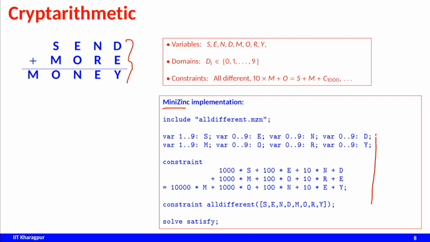The constraint that I am writing is exactly the same as the given expression. And we need to mention that all are different, you have to include this constraint and specify that all the letters are different, and then you just call solve satisfy. So it is pretty simple to implement in a public domain tool as well.